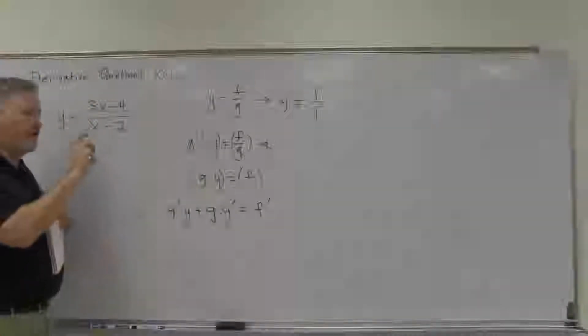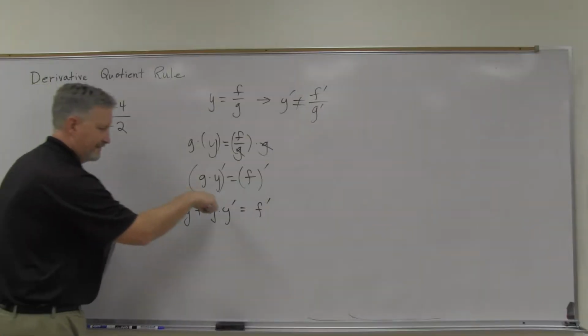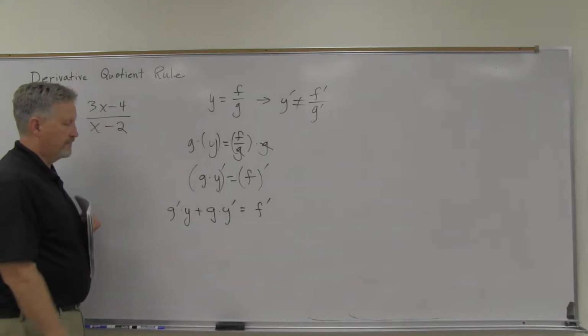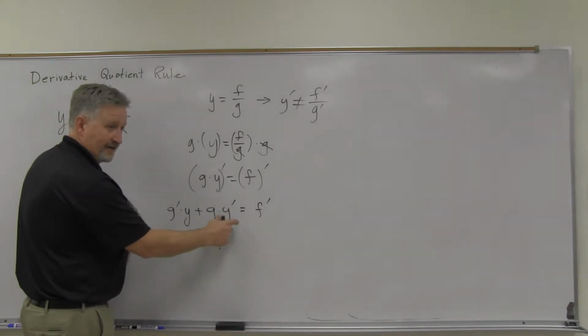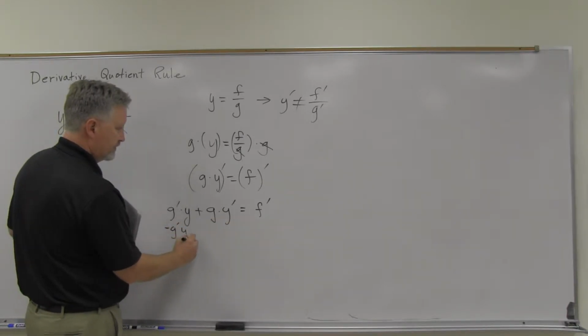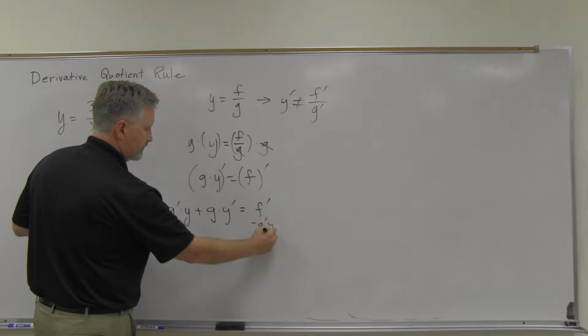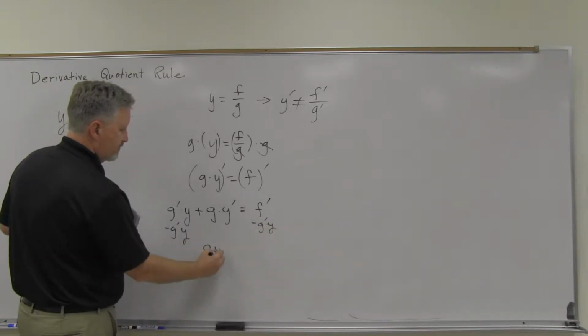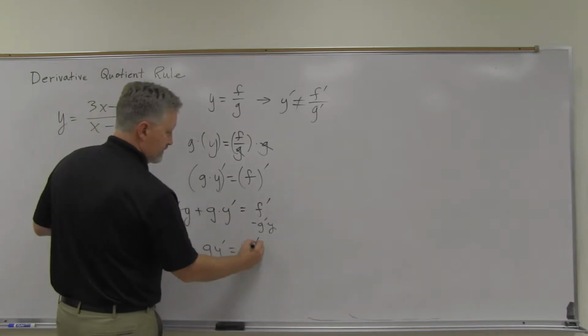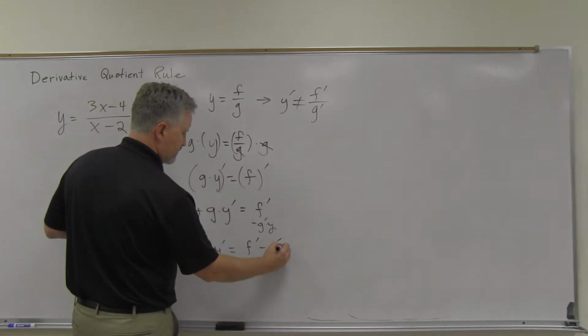Our goal was to solve for y prime. I want a y prime, so we're going to try to get y prime on a side by itself. I'm going to subtract g prime y from both sides. So that's g y prime equals f prime minus g prime y.